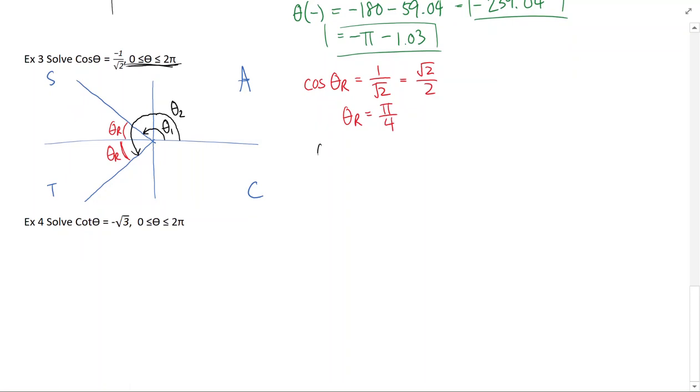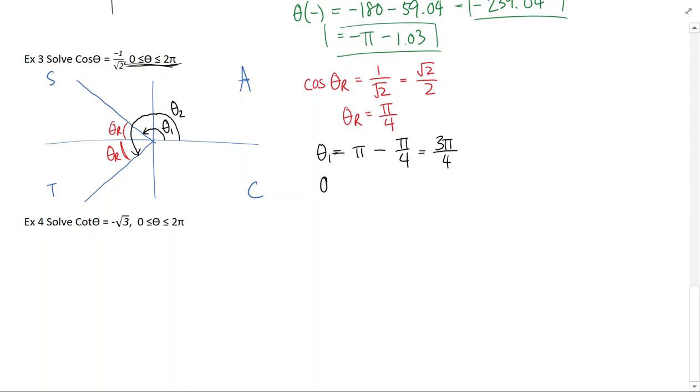Now that we know our reference angle, we can calculate our standard position angles. For angle 1, we know it's pi minus pi over 4, which gives us 3 pi over 4. We have to subtract it.